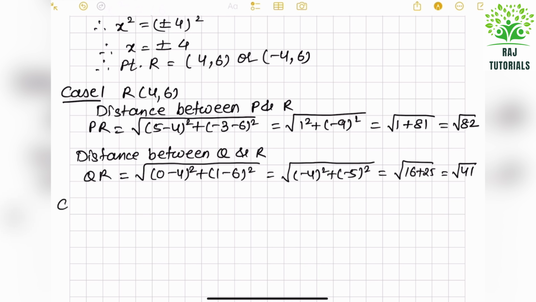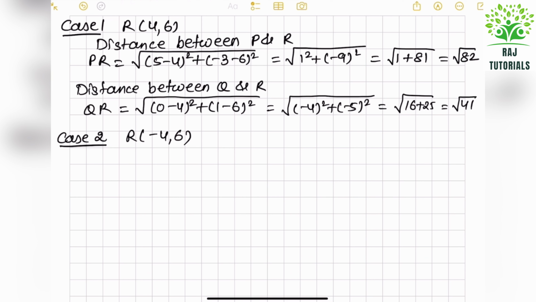Now case 2, R is (minus 4, 6). So PR will be, that is the distance of P and R will be 5 minus and minus 4.